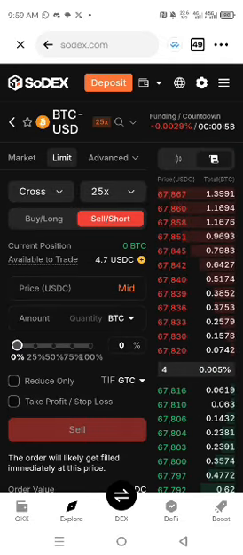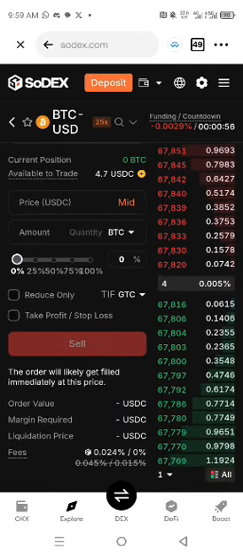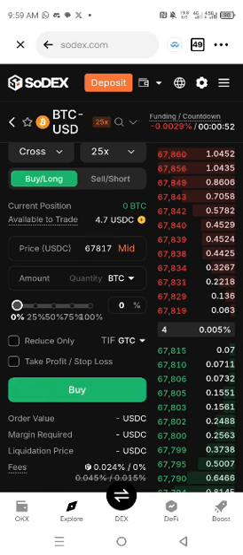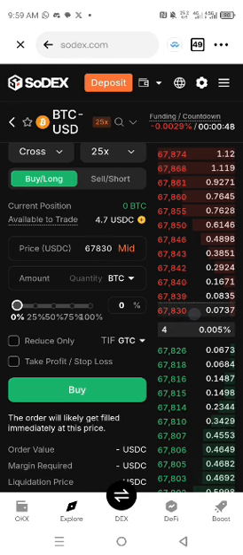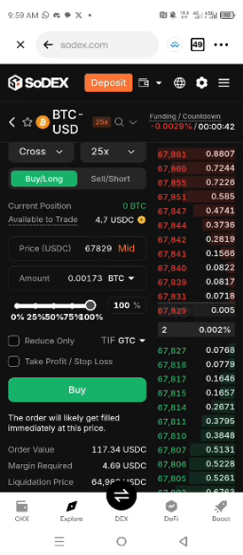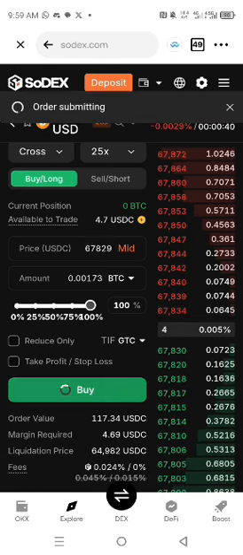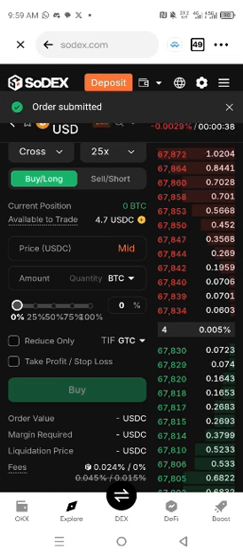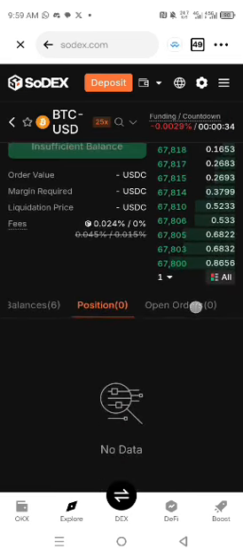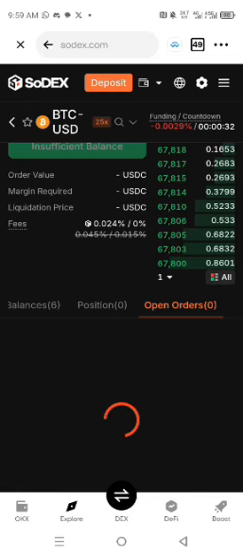Right. Now if you sense that it's going to go up, you can go to buy. If I sense it's going to go up, I'll click on the last price here, and I'll just select max. I'll come here, watch it carefully, and I'll select buy. So it's going to get into the trade for me. Okay, so I'll quickly scroll down here. I think the network is kind of slow for me, but it's okay.